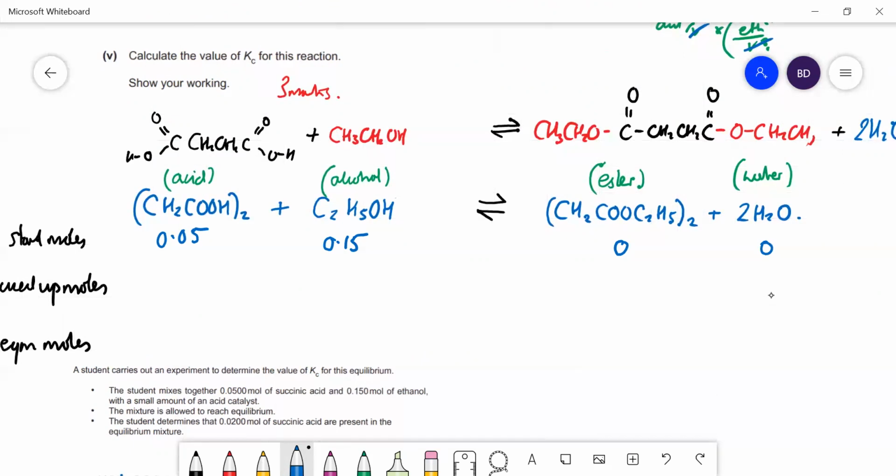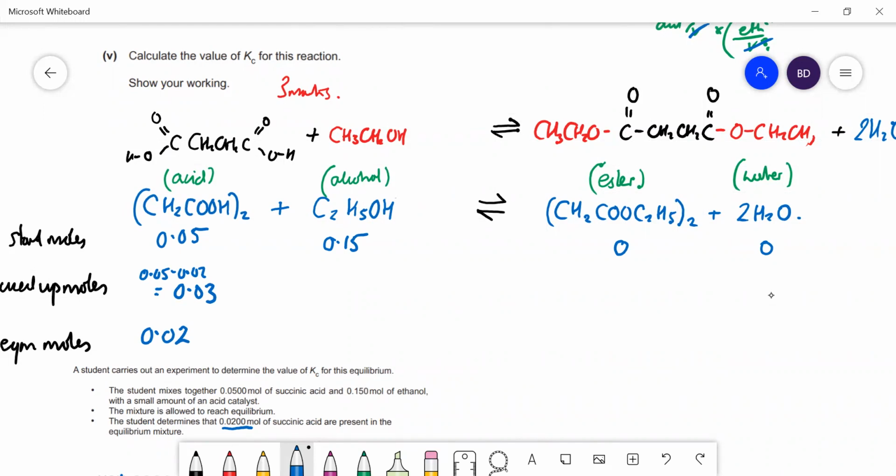Now, at equilibrium, you've got 0.02 moles of succinic acid left over. So how much have we used up of that? 0.05 minus 0.02 is equal to 0.03.